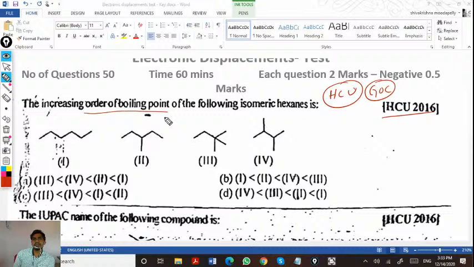So it is about the boiling point of isomeric hexanes. Generally the boiling point of hydrocarbons is proportional to the surface area.